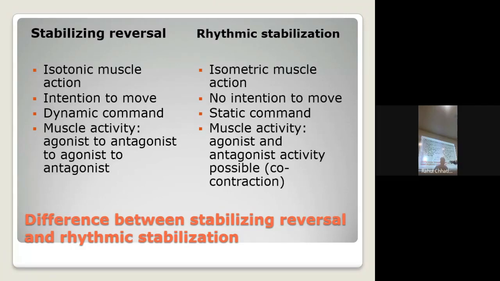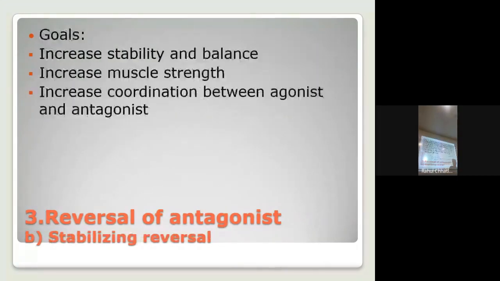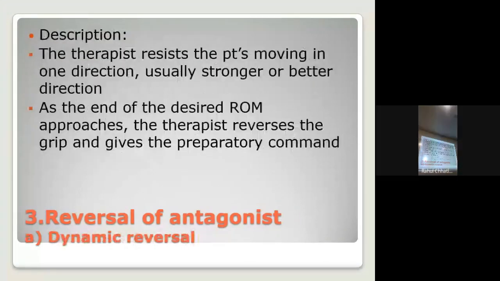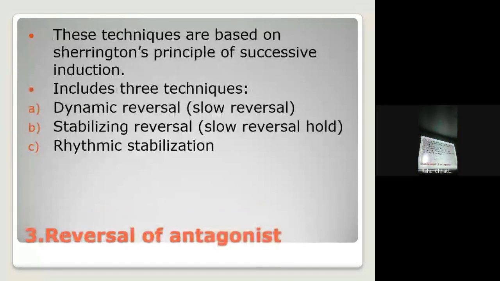So here we have completed two techniques. Yes, in the second technique we have seen yet another three techniques. So overall we have learned four important PNF techniques today. Just to give you an idea of what we have done today.